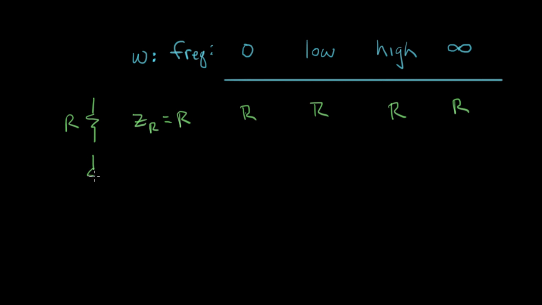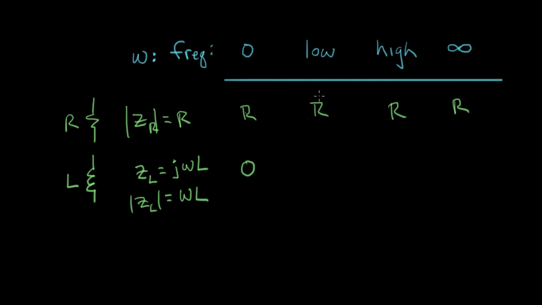So now let's do the inductor. And we decided that Z of an inductor was j omega L. And let me do something very specific. I'm going to get rid of this j. I want to just look at the magnitude of the impedance. The magnitude of Z inductor is omega L. So now let's fill our table in for omega L. When omega is 0, the magnitude of the impedance is 0 for an inductor.